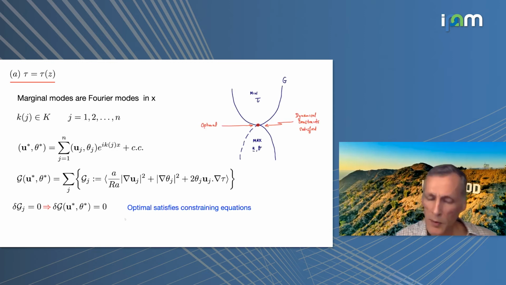So what this tells me is the optimal will satisfy the constraining equations, which is no big deal. You'd expect that. So here is my minimum problem over a maximum in u, theta. My dynamical constraints are satisfied at the stationary point, and that's where my optimal is.